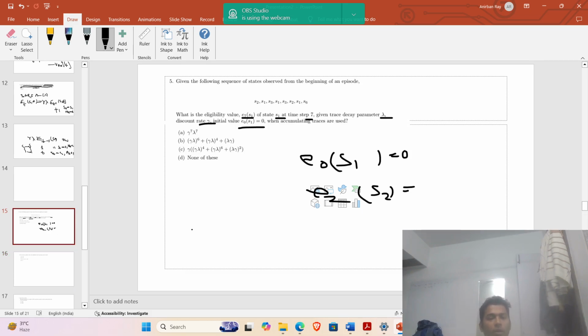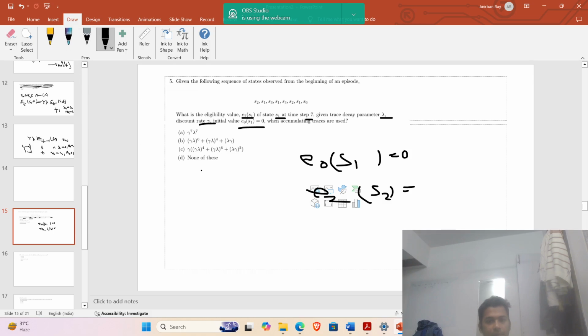So what we do here is that at t equals 0, our state is S1. As you can see, we start with this, so no need to write again.